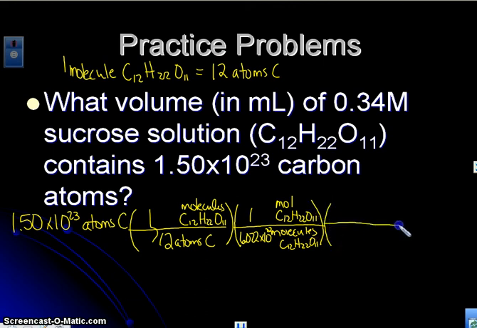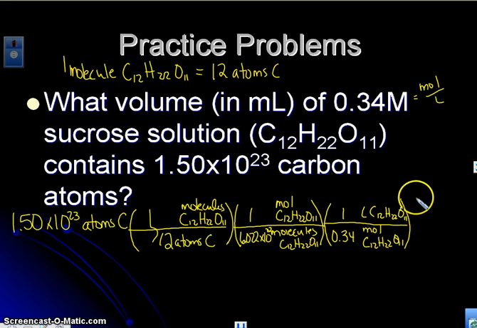Now that we have our moles, we know how to use our molarity as a conversion factor to get to our volume. We've got moles on the bottom here, and we want to go to our liters. Remember, molarity equals moles over liters. So that's 0.34 moles in 1 liter. Now our problem is asking us for our volume in milliliters.